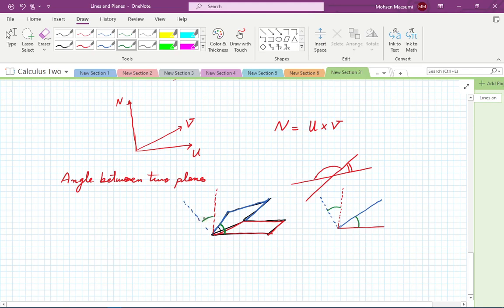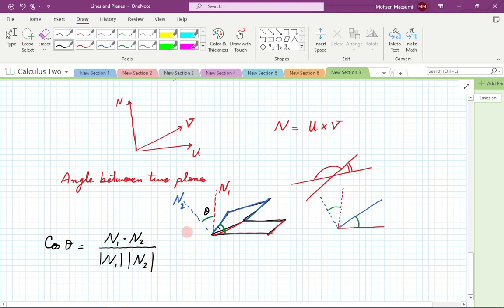So what we need to do is to find the normal to plane 1, the normal to plane 2, and then the cosine of the angle, let's call this theta, theta is going to be what we saw from the formula we had before: n1 dotted with n2 divided by the norm of n1 times the norm of n2.